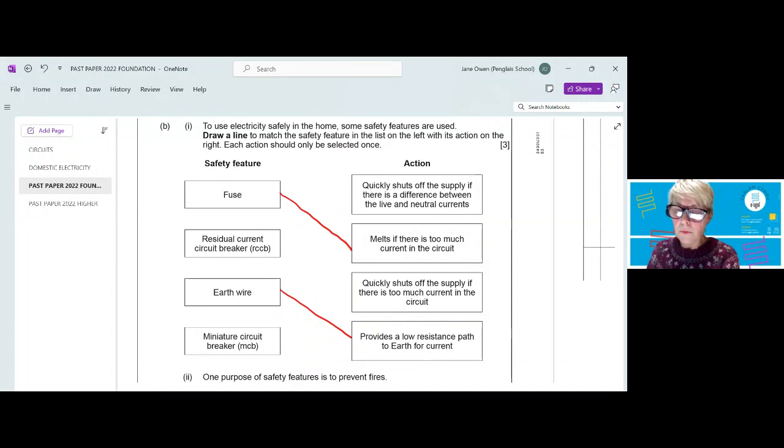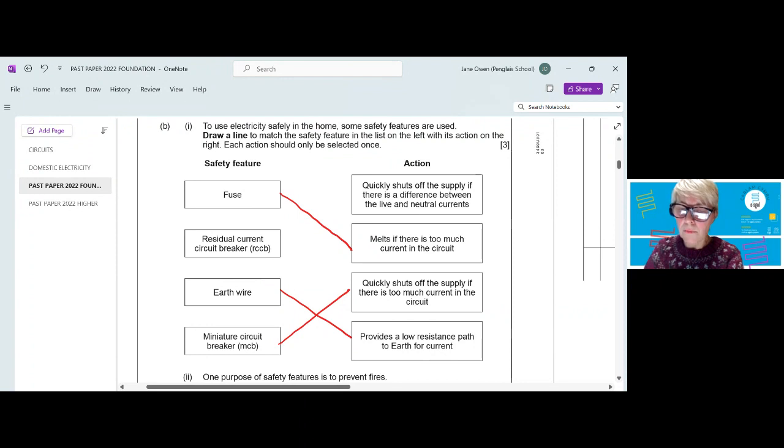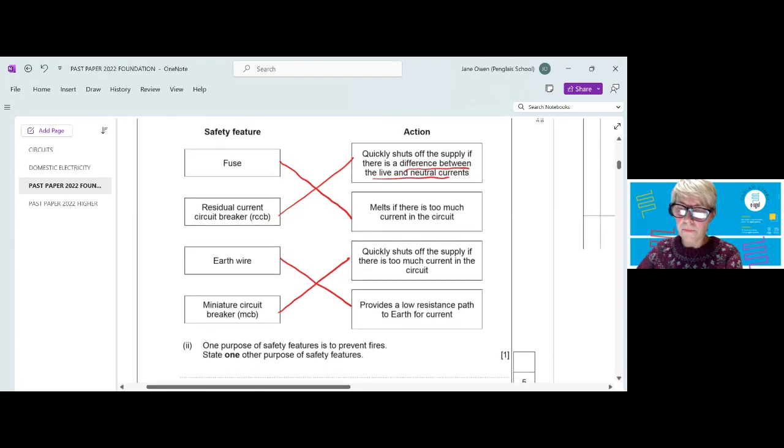Now the miniature circuit breaker acts very like a fuse, that if there's too much current flowing, then it would switch the circuit off. Whereas this residual current circuit breaker will effectively look at the difference between the live and neutral currents. And as soon as there's a difference between the two, because it's sensing that there's current going down the earth, then it flips the RCCB to switch the circuit off.